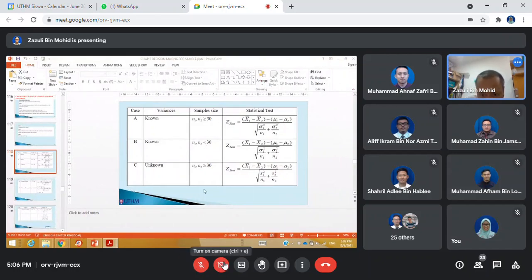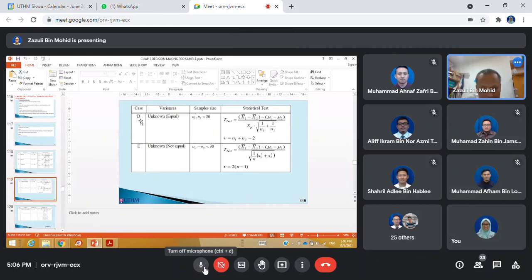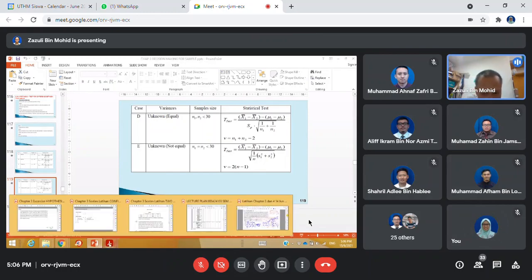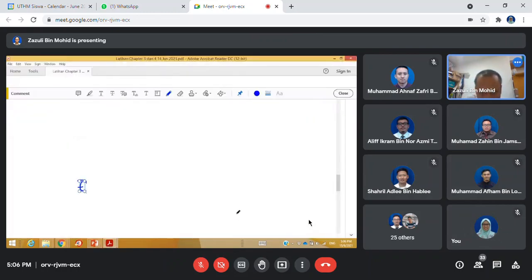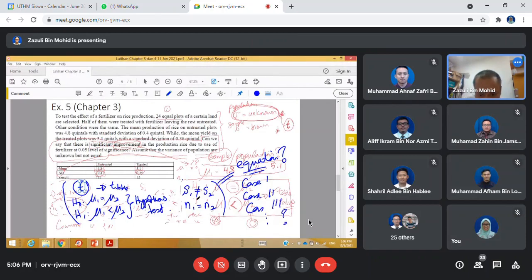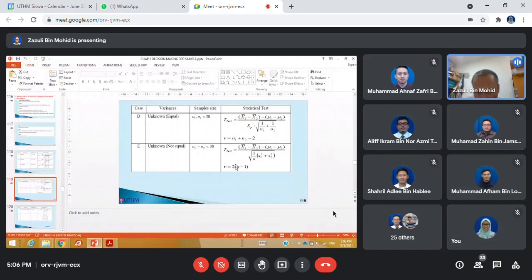The possibility is whether it's case B or D and E. Okay, D and E. Case E. Boleh kata E. And we have the same equal number of N. Sama kan? Equal number of N kan?